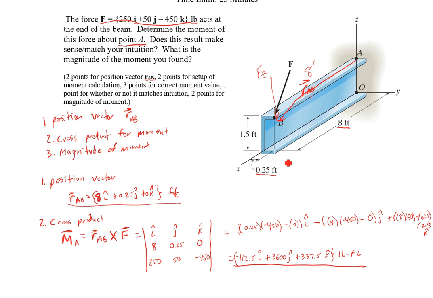If I was pushing down here, I'd expect that to rotate this way around y, or counterclockwise. So that does match my intuition. Since our moment arm is in x and force is mostly in z, our moment is in y.